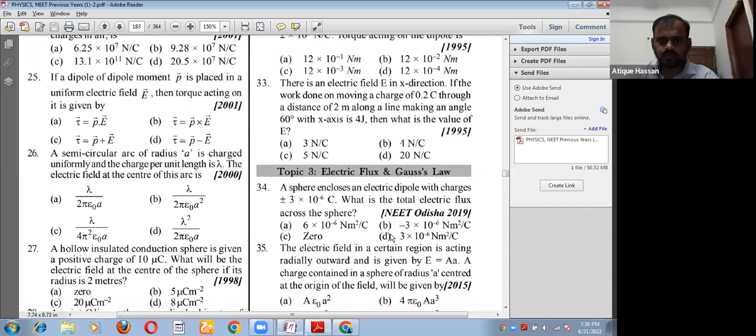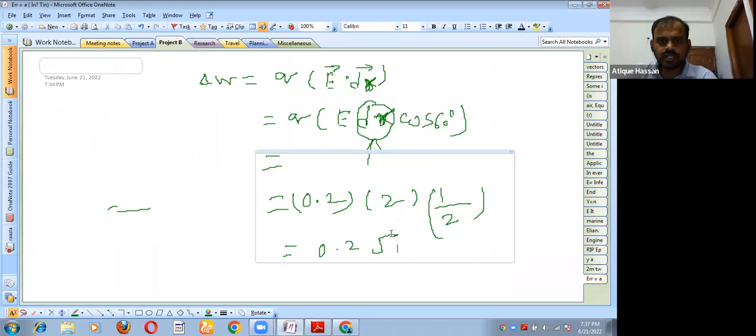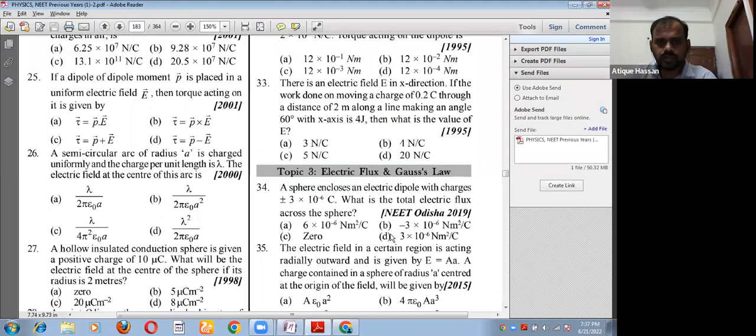Okay, in this case, the work done. Let us come to the distance of 2 meter along the line journey. Then what we have to find is the electric field here, right? So work done comes as 0.2 joule. There is an electric field in the x direction.